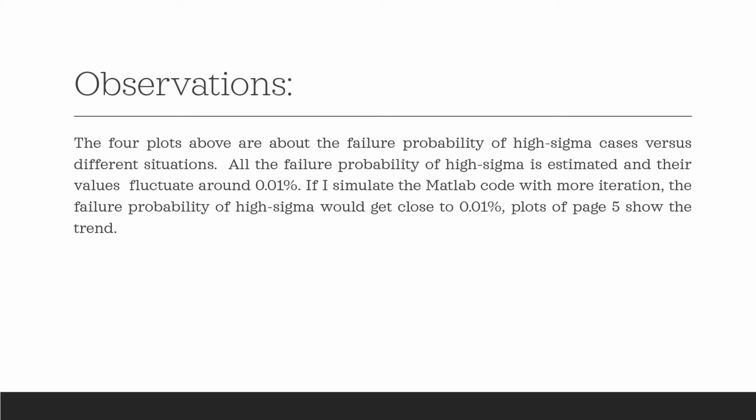In other words, it shows that the estimated failure probability of high sigma cases works well, and simultaneously it tells me that reducing the number of times of calling SPICE makes little difference in calculating failure probability of high sigma cases.